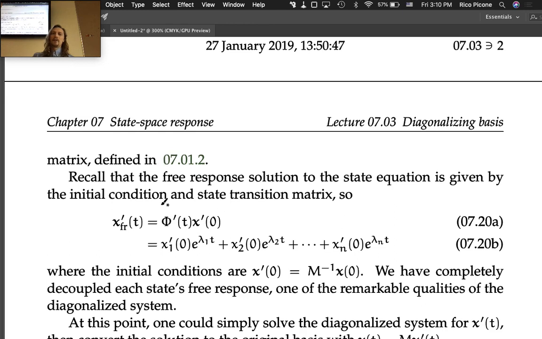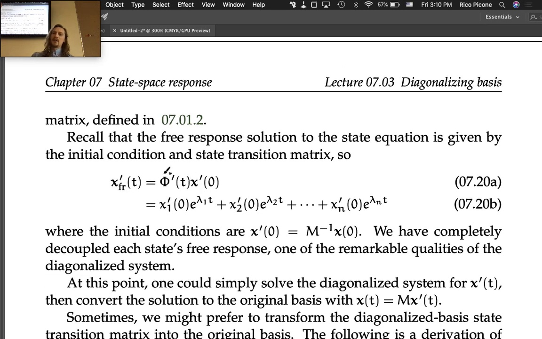So first what we're going to do is look at this diagonalized system, its free response for just a moment, just to get a sense of what we've done with this diagonalized system. So recall that the free response solution to the state equation is given by the initial condition and state transition matrix. So remember, the free response was just the state transition matrix times the initial condition. So in the primed coordinates, our free response is the primed coordinate state transition matrix times the primed coordinate initial conditions.